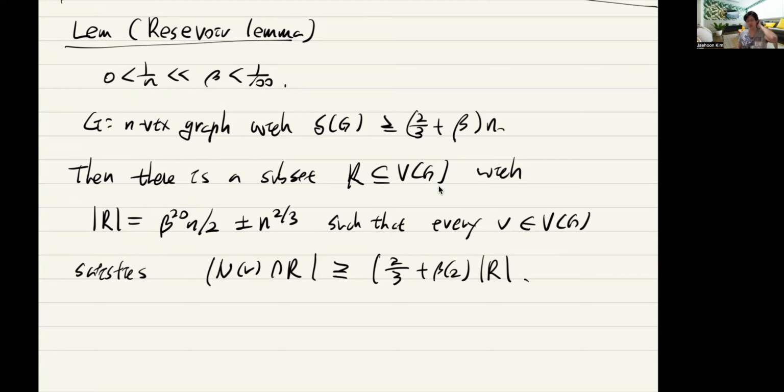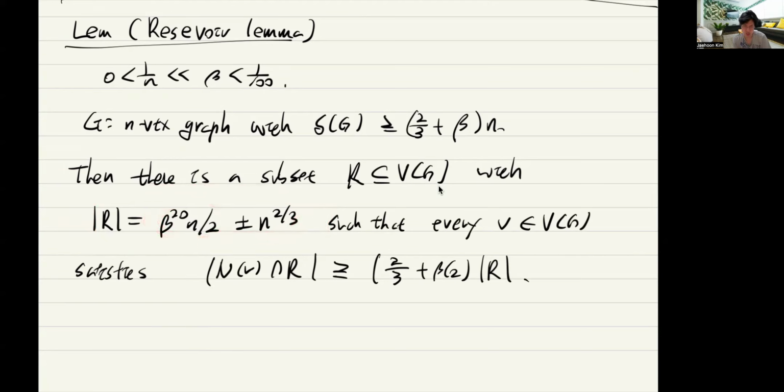So this is easy. You just apply the Chernoff bound. You just take a random subset, where each vertex is included with probability beta to the 20 over 2. And with the Chernoff bound, you can show that the number of vertices chosen is concentrated around this expectation.